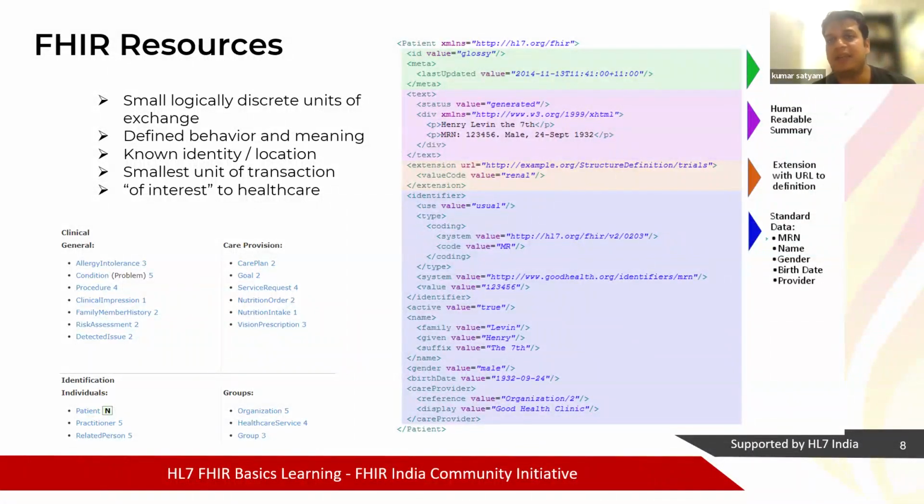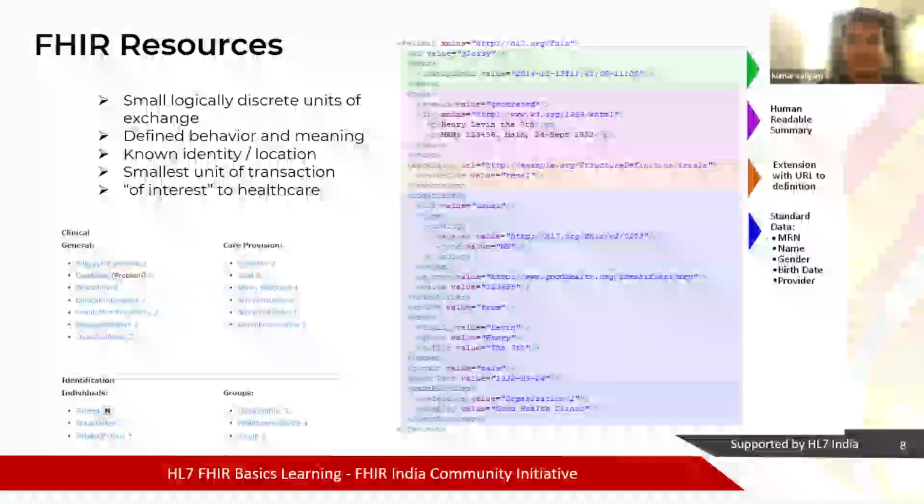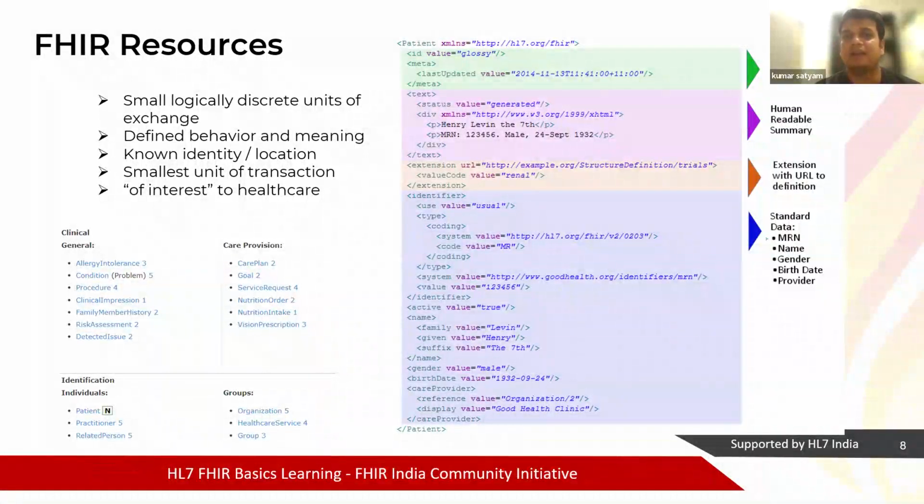On the right-hand side, we have a basic structure of a FHIR resource. Mainly, you see four distinct sections in a FHIR resource. The first one is the resource metadata. This is the information about the resource itself, for example, when the resource was created, what security is applied, what language is there, and what the version of the resource is. Those things you can find in the resource identity and metadata.